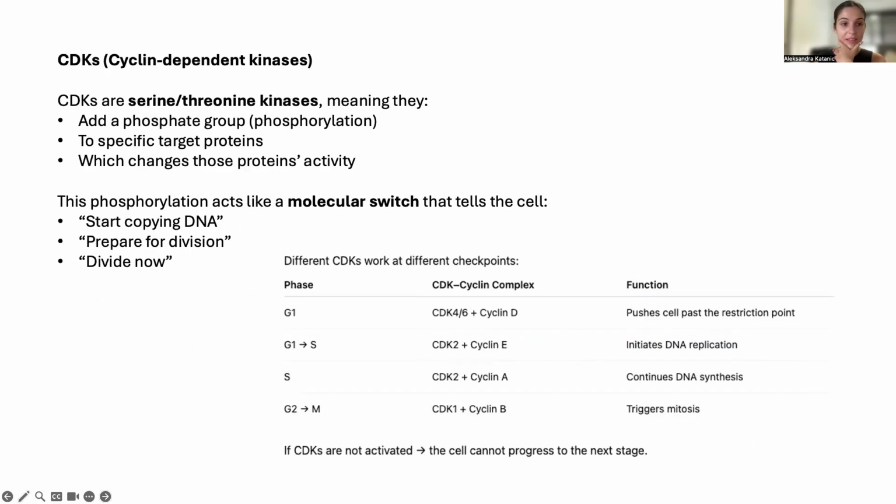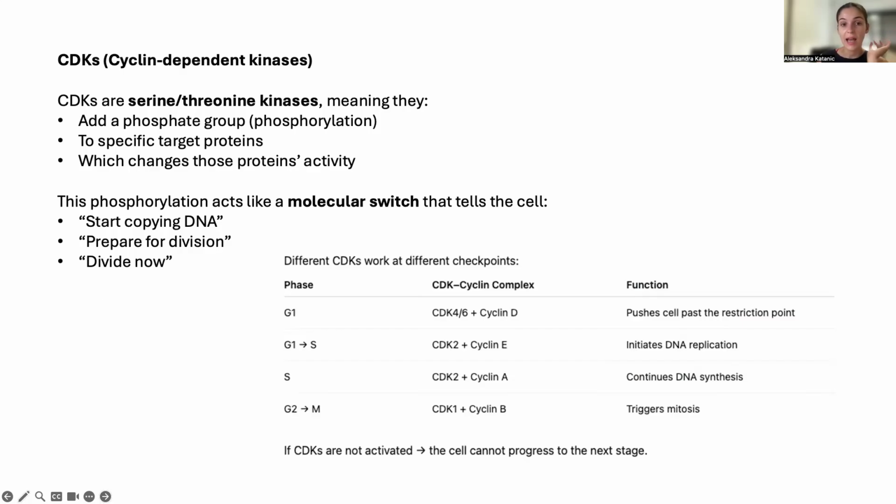So a little bit about the CDK, cyclin-dependent kinases. These are a family of enzymes that control the cell cycle. They're called cyclin dependent because they only are active when they bind to proteins called cyclins. And what these do is they add a phosphate group, or do phosphorylation. They bind to specific target proteins and they change these proteins' activity.